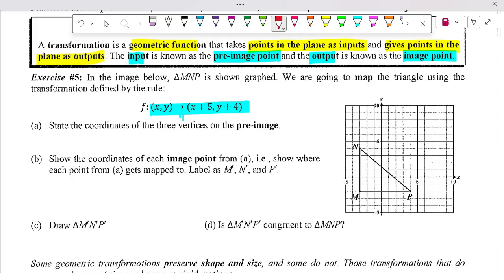What are they? So, what's M? -3, -2. So, that's the point for M. What about N? So, it's -3, +4, and finally P. 4, -2.